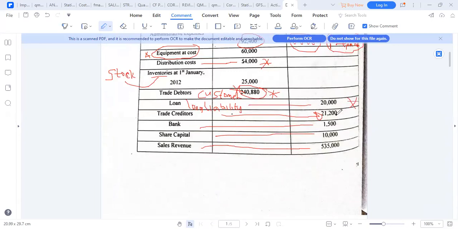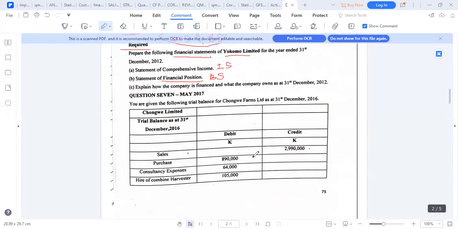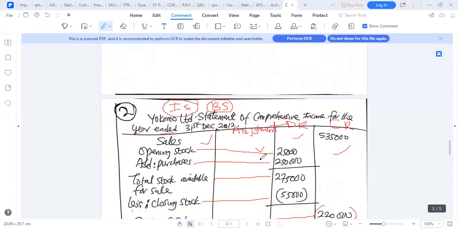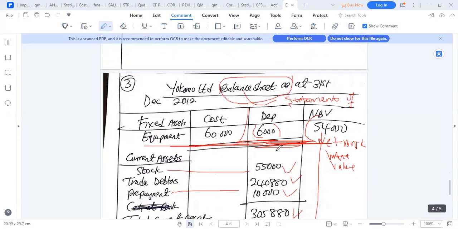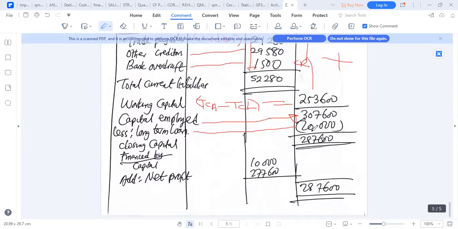So from capital employed, we deduct that loan, meaning that we are going to have the closing capital of 287,600. This is a balancing figure. It should balance with the other one. If it doesn't balance, then there's a big problem. Somewhere, somehow, we could have gone wrong.